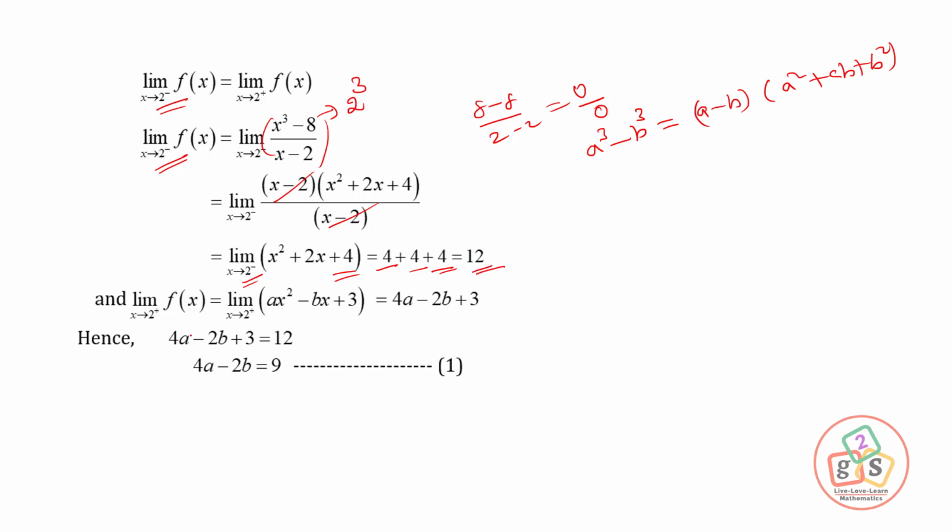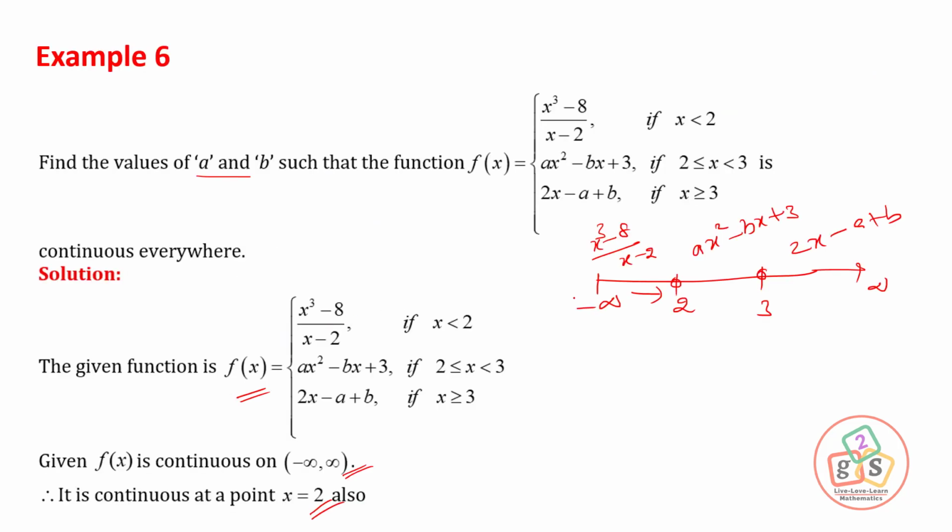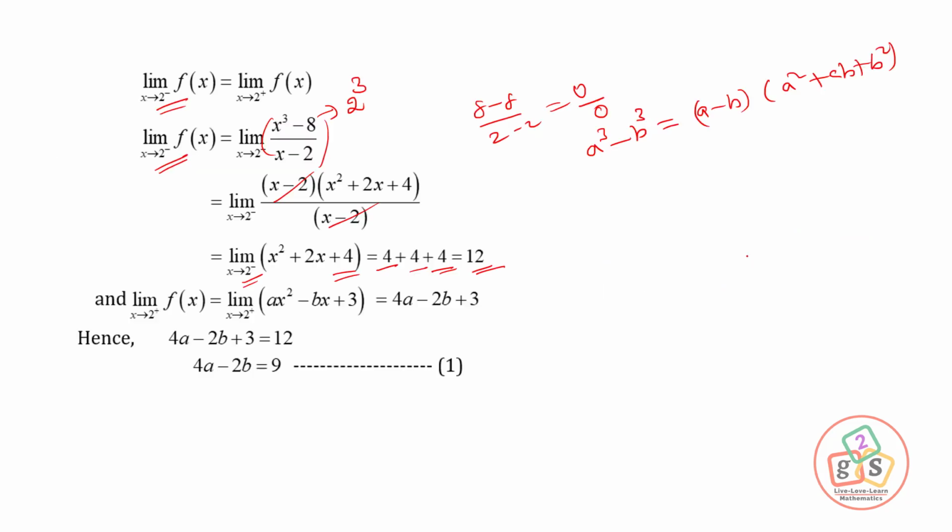And the right hand limit, as x tends to 2 plus of f of x. Once again we go back to the previous slide. Above 2, the function is ax square minus bx plus 3. Now we put x equal to 2. 2 square is 4, so 4a minus 2b plus 3.